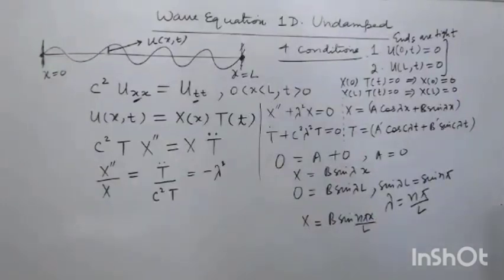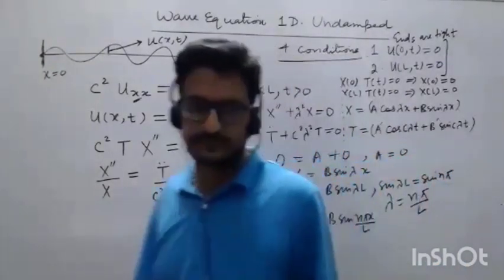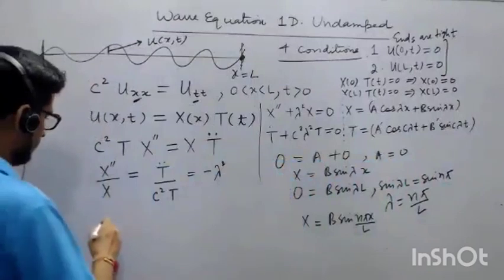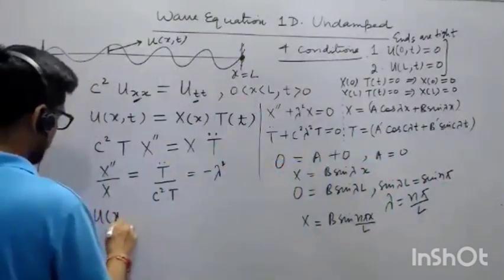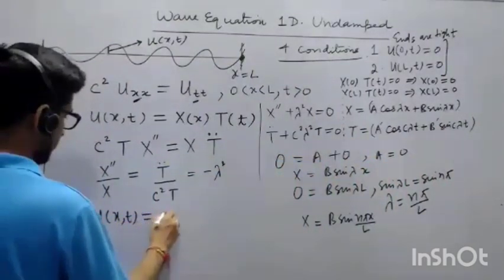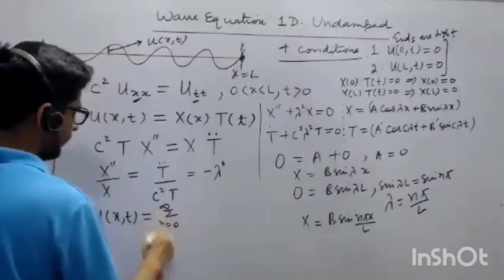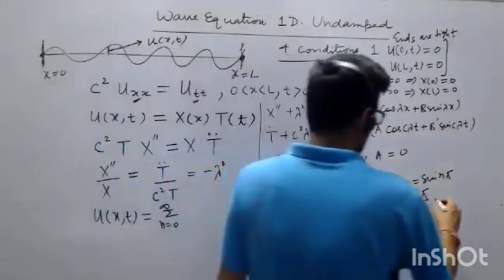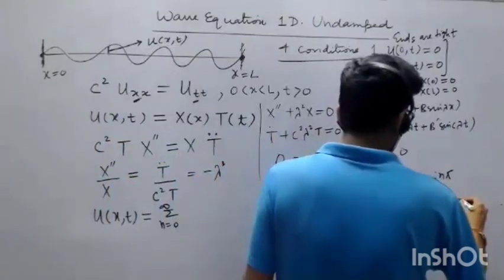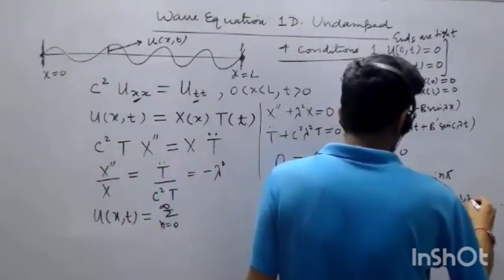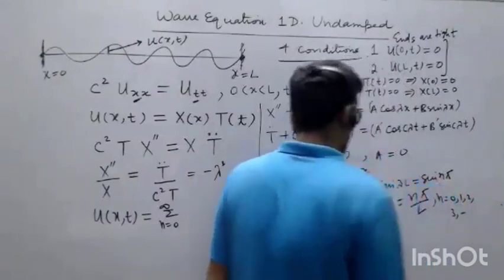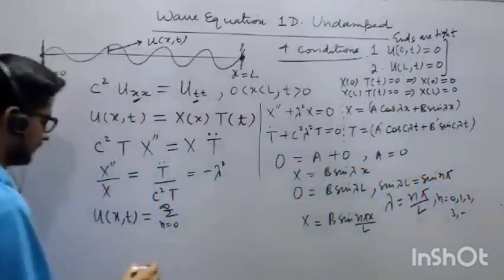So now what is the value of u? The value of u x comma t is given by summation n is equal to 0 to infinity, because here the value of n will be 0 plus minus 0 1 2 3 up to infinity, all values.